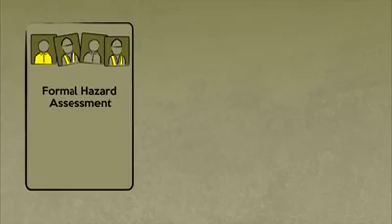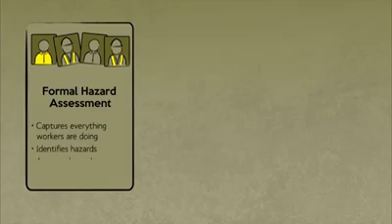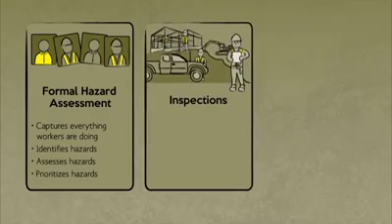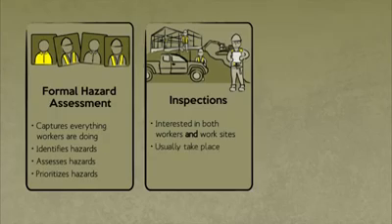So looking at the big picture, formal hazard assessment systematically captures everything workers are doing and identifies, assesses, and prioritizes the hazards presented by their tasks. Inspections are interested in both workers and their work sites. Unlike hazard assessment and site-specific hazard identification, inspections usually take place with operations already underway.